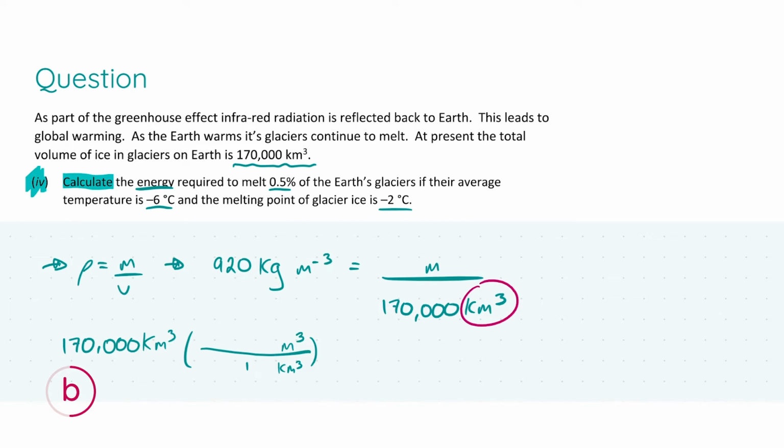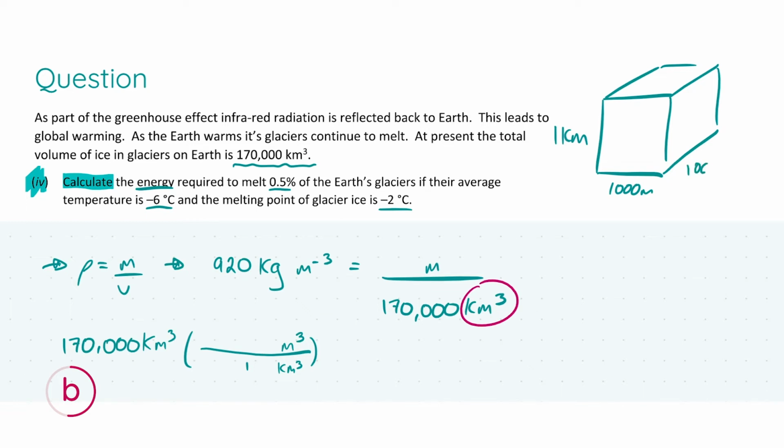The question though is, what are we going to be multiplying by? The simplest way to explain this is by using a little diagram. On the right here, I'm going to draw a small little cube. Apologies for the terrible drawing, but we can think about this cube as having sides of 1 kilometer. Another way of writing 1 kilometer is 1,000 meters. If you extend this idea to the whole cube, you're going to have a cube with sides of 1,000 by 1,000 by 1,000.